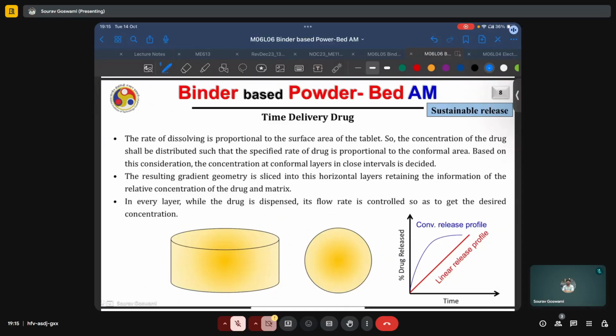The rate of dissolution of any drug is proportional to the surface area of the tablet. So, the concentration of the drug shall be distributed such that the specified rate of drug release is proportional to the conformal area.